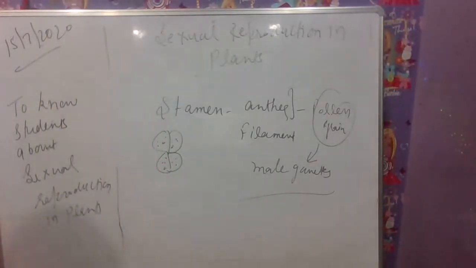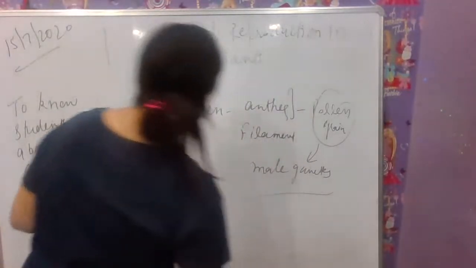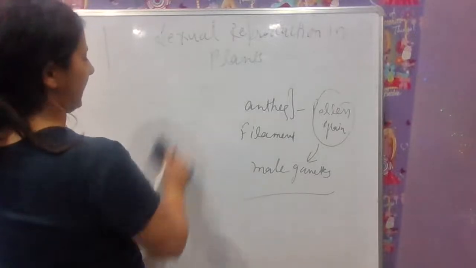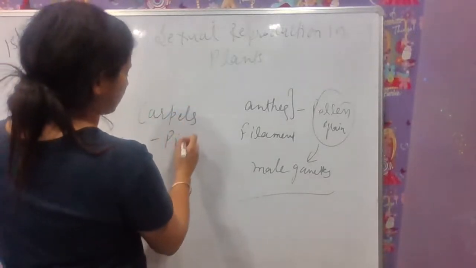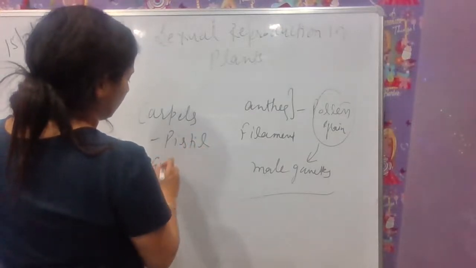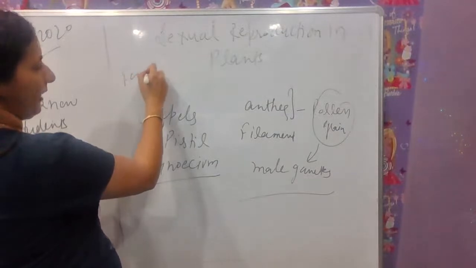Okay. Then after this, next is the female reproductive part, that is the gynoecium and carpel, which is also called pistil, also called gynoecium, the female reproductive part.